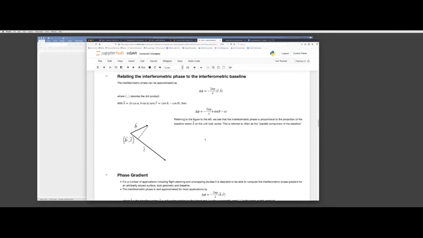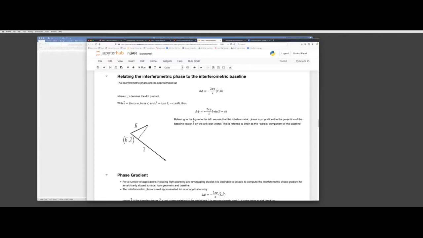Okay, so let's relate the interferometric phase to the interferometric baseline. We usually have several slides on this topic, but I've distilled it down to a very simple set of equations here. So this delta phase, once you go through the math, is basically 2 pi p over lambda times the look vector that Franz and Gareth talked about, projected on the baseline vector, or vice versa.